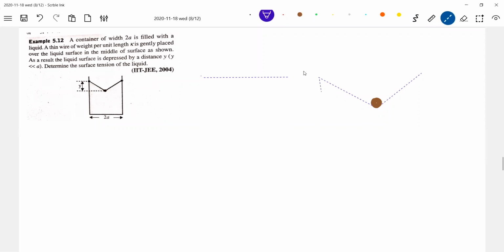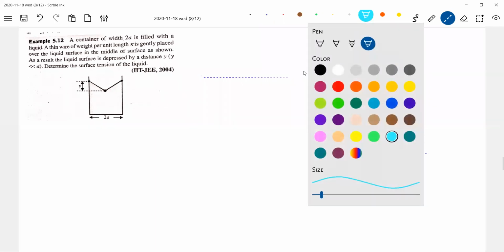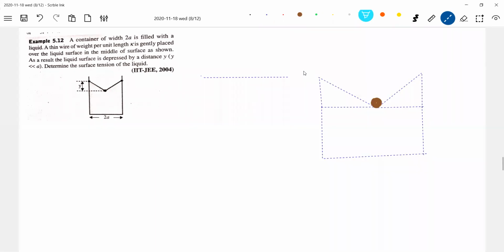It's telling the depression is y. Okay, this everything is a liquid. Get into the mathematics very fast. How should the force due to surface tension act?